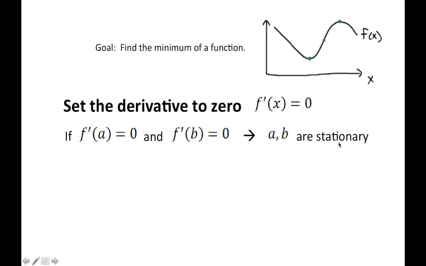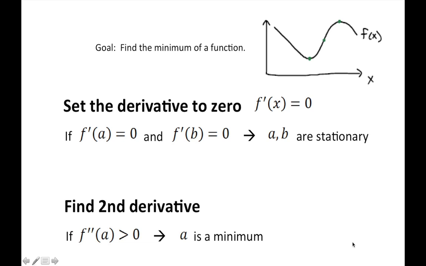These points could be minima, maxima, or inflection points. To figure out if these stationary points are minima, we need to take the second derivative. If the second derivative at the point is greater than 0, then the stationary point is a minimum.